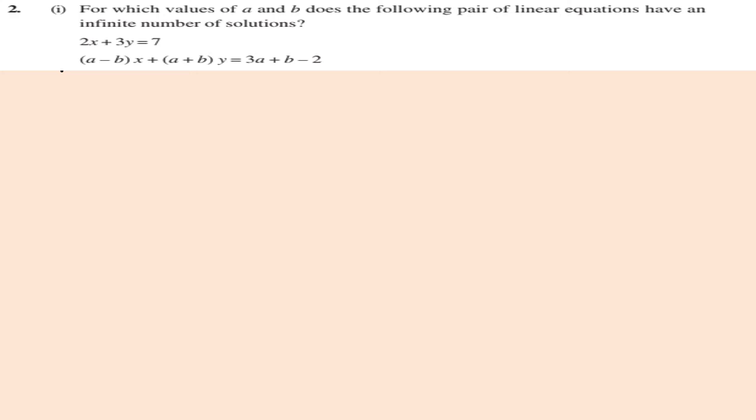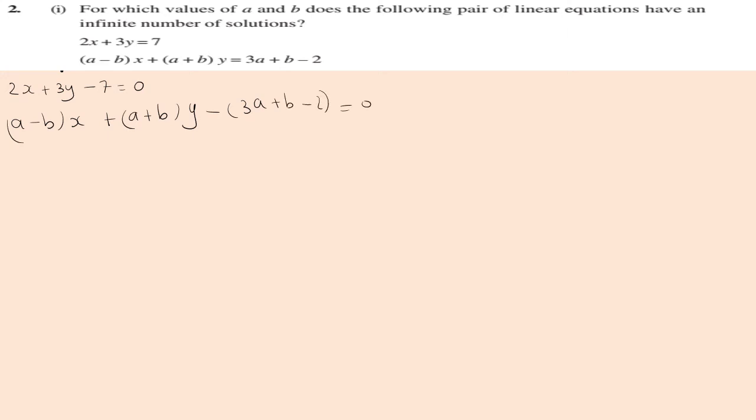So the first step, you are writing the equations in standard form, that is 2x plus 3y minus 7 equal to 0 and (a minus b) multiplied by x plus (a plus b) multiplied by y minus (3a plus b minus 2) equal to 0.